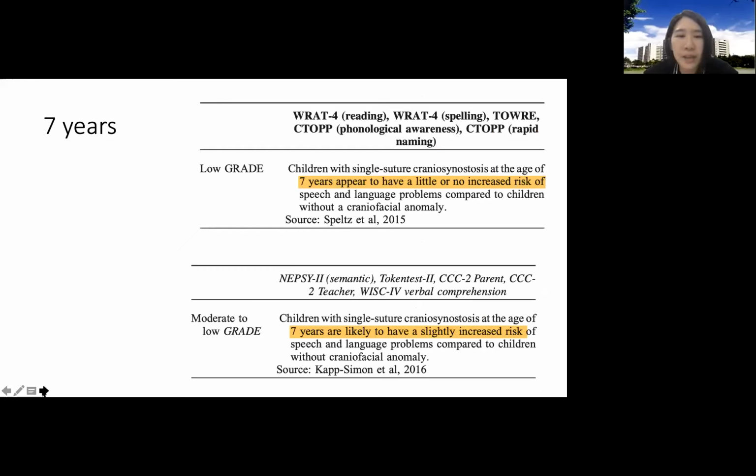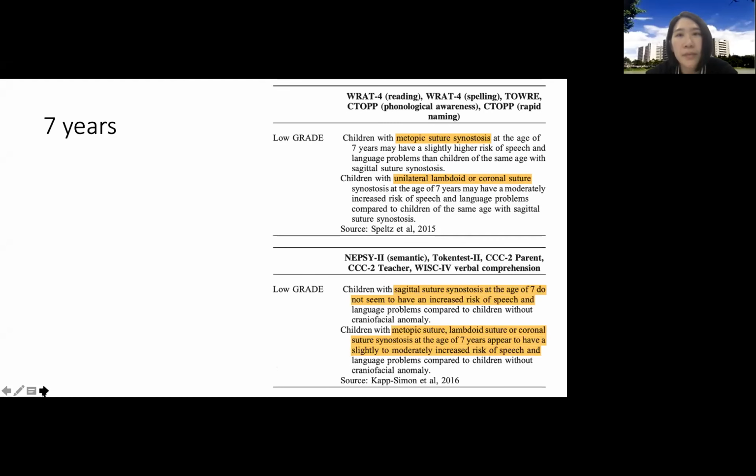The other evidence shows they probably have a slightly increased risk. The children with the metopic suture synostosis may have a slightly higher risk, also the unilateral lambdoid or coronal suture, compared to the children with the sagittal.